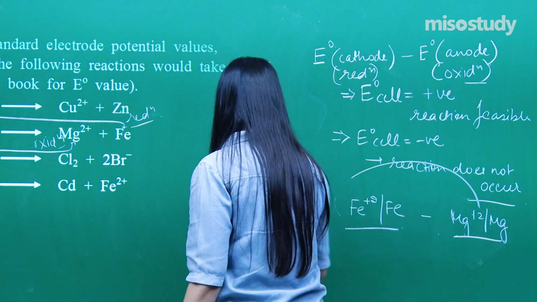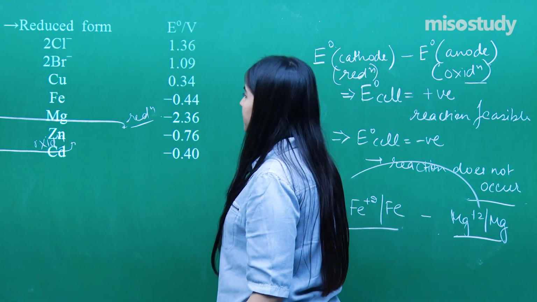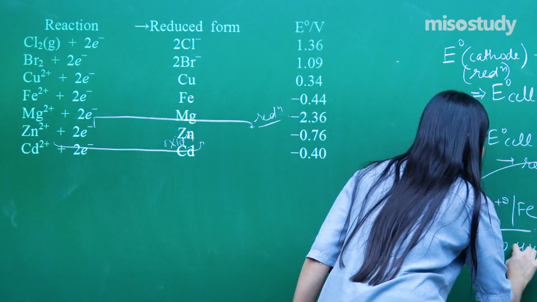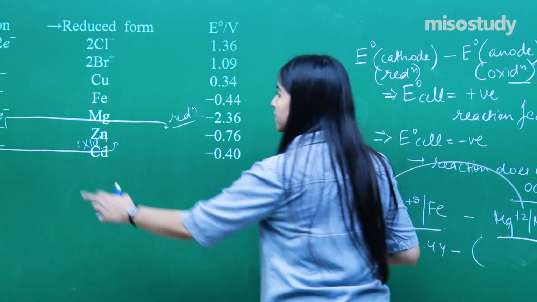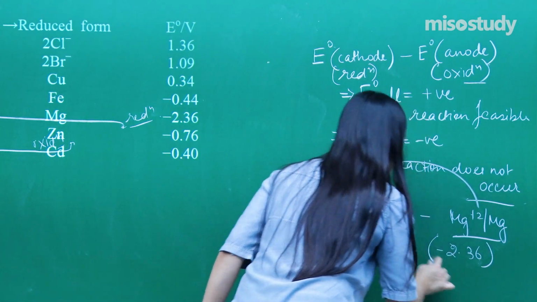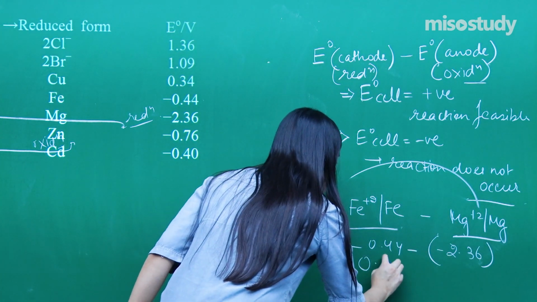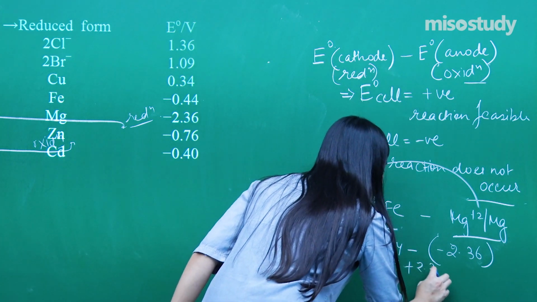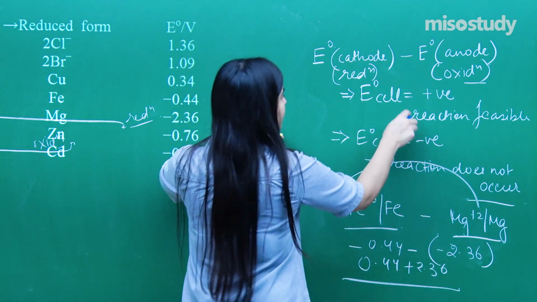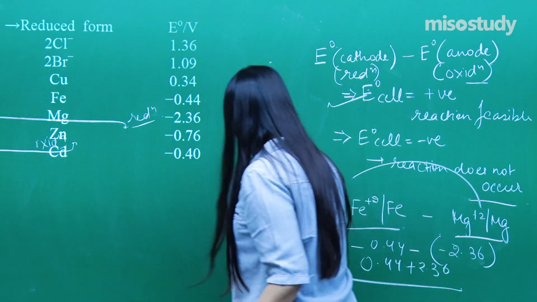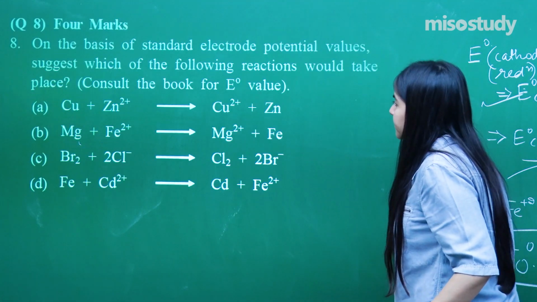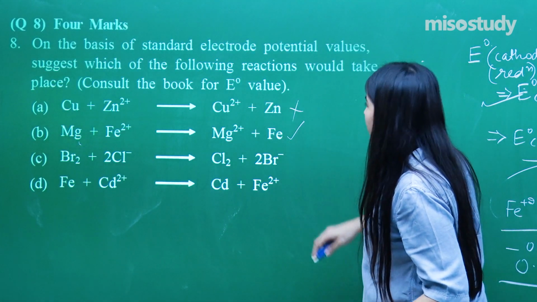This value I need, which is the oxidation process, see here. Okay, Fe minus 0.44 minus of Mg, it's minus 2.36, minus minus plus 0.44 plus 2.36. Very well, the value is coming out to be positive, and yes, this is feasible. So the reaction number 2 will be possible. This is possible, this was not possible.